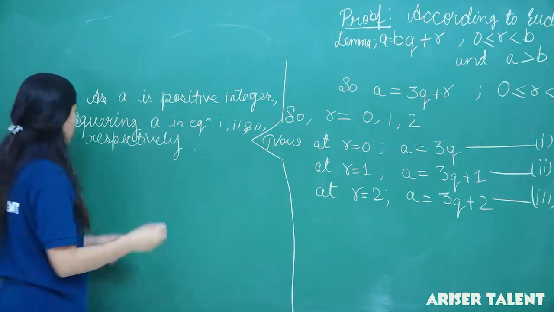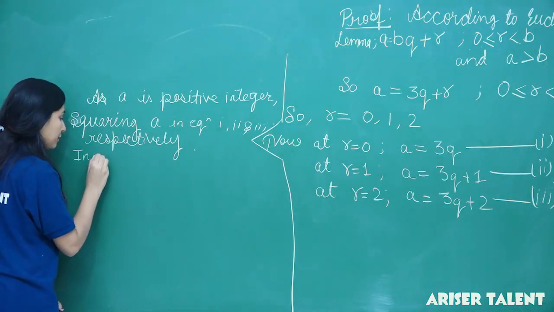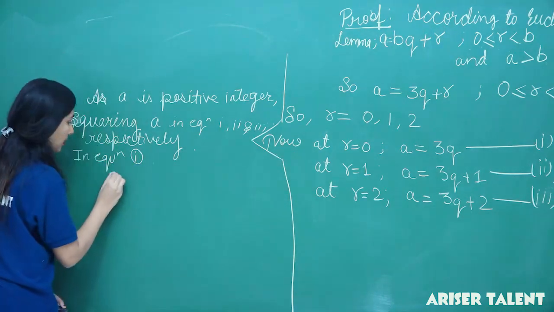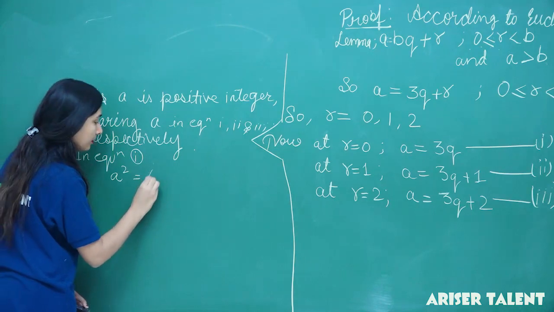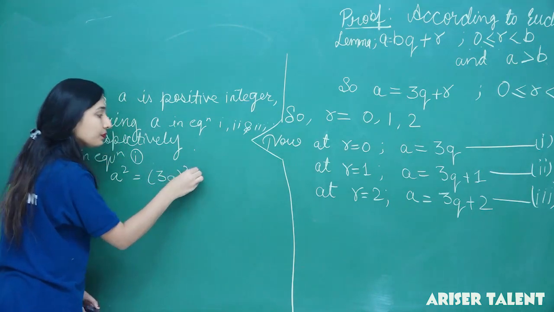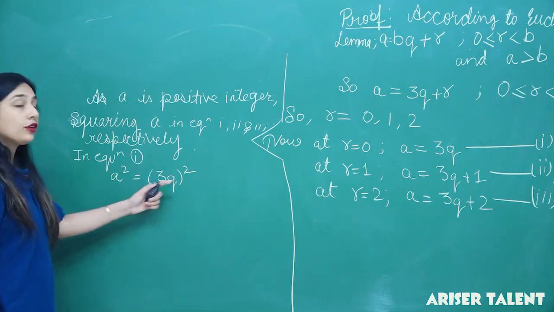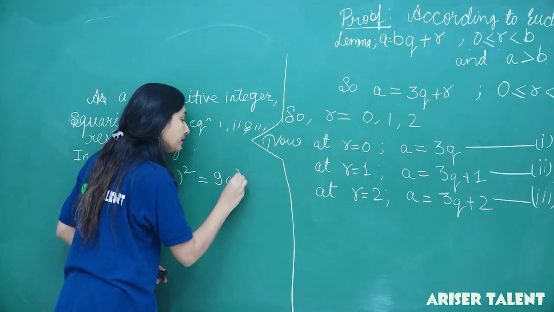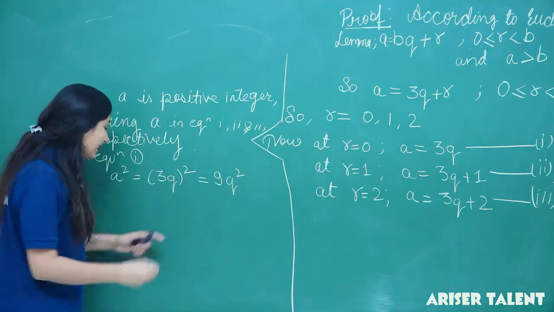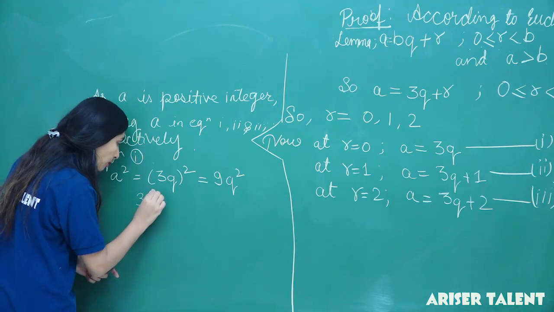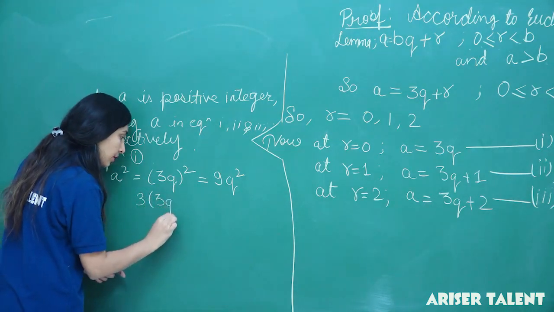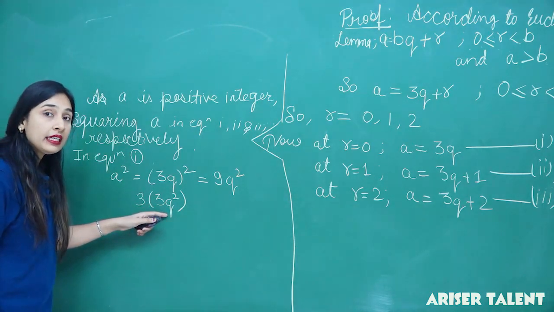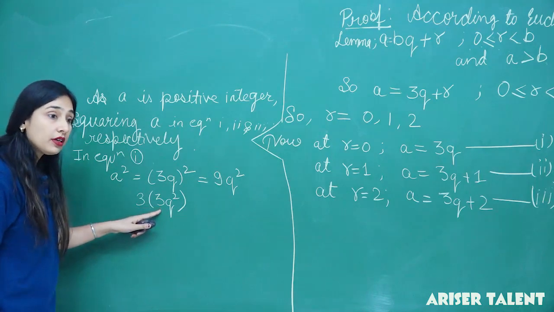Okay. So, in equation 1, what was that? A square will become 3q whole square. Now, what is 3q square? This is 9q square. Now, can I write 9q square in the form of 3 multiplied by 3q square? Now, q is a positive integer, 3 is a positive integer.